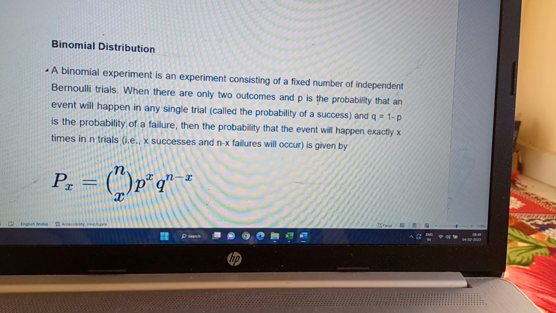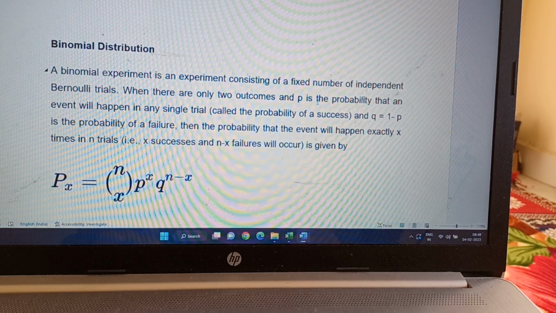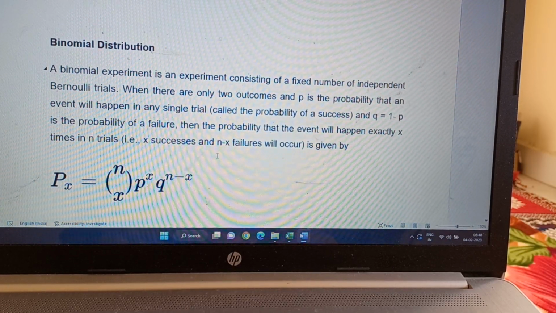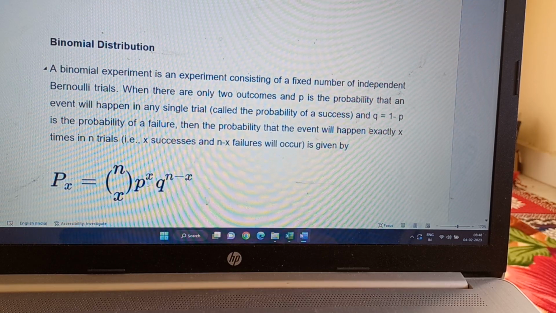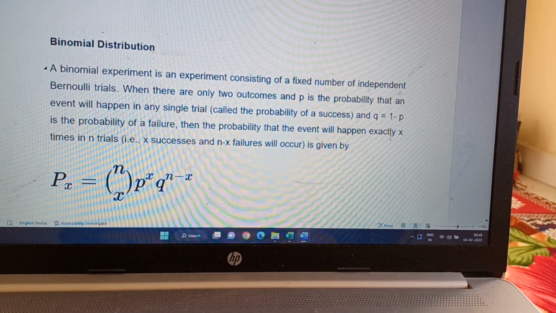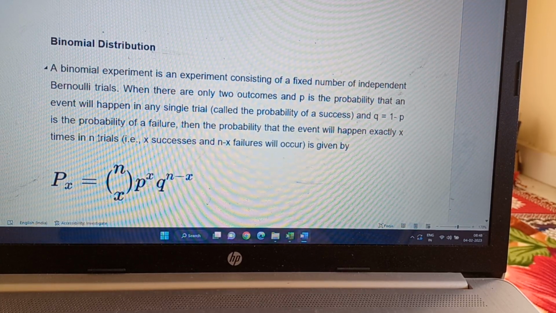So the binomial distribution gives the probability of getting exactly x successes in n trials. The question will be exactly x times, meaning exactly 5 times, exactly 6 times out of a trial of say 10 or 15 or 20.